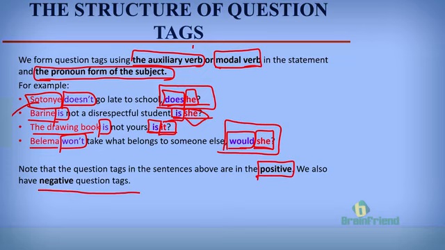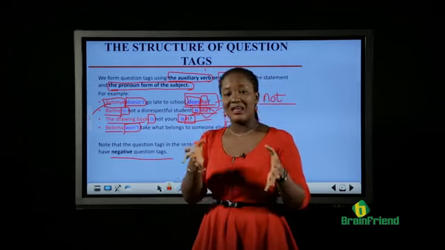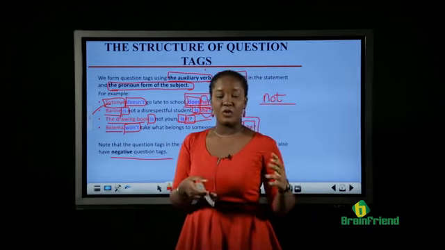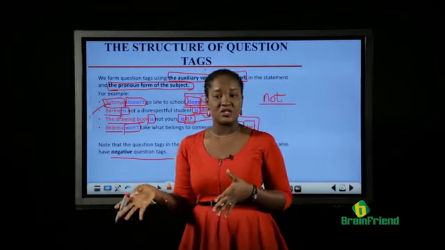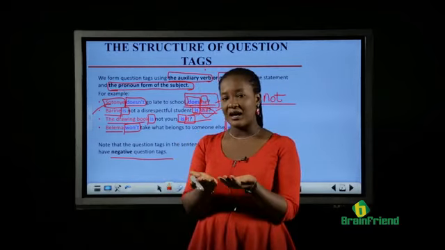If you look at these examples, you'll find that all the question tags are positive. When we say question tags are positive, it means we do not have the short form or the contracted form of the negative word not attached to it. Not is a negative word, so when you have not together with the modal verb or the auxiliary verb in a question tag, it makes that question tag negative.